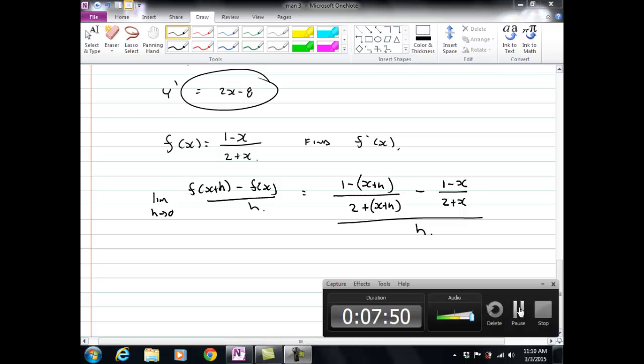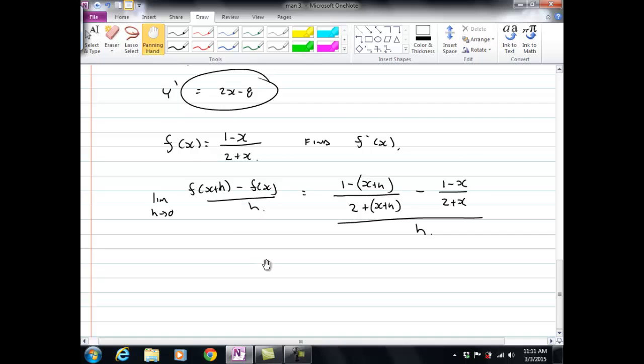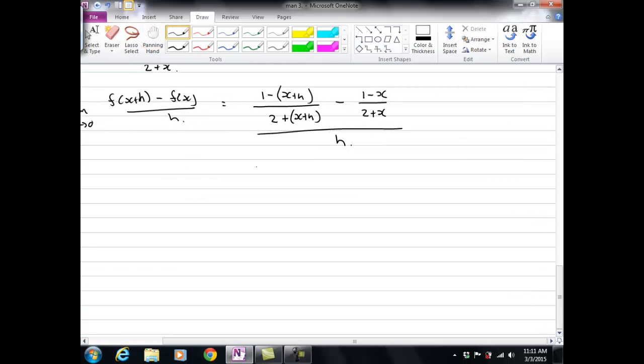I'm going to pause it right here and show you the next step, in case you're lost. I'm going to simplify, and this becomes 1 minus x minus h over 2 plus x plus h, minus 1 minus x over 2 plus x, over h.